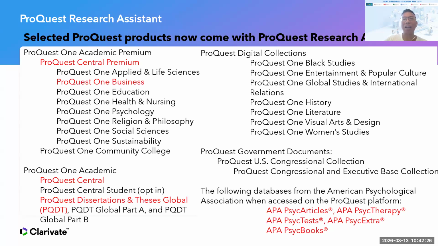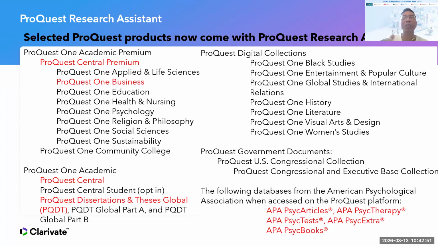I'm not going to read through it. A lot of ProQuest databases now offer the AI feature. In order for you to have this so-called AI ProQuest Research Assistant, your school must subscribe to any of these ProQuest databases or collections.